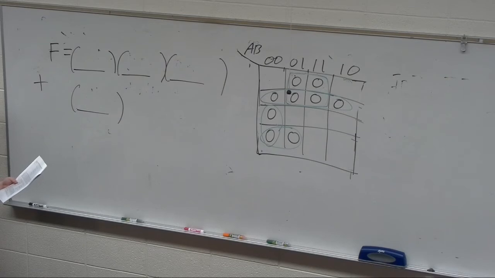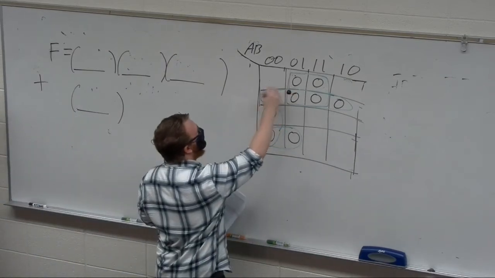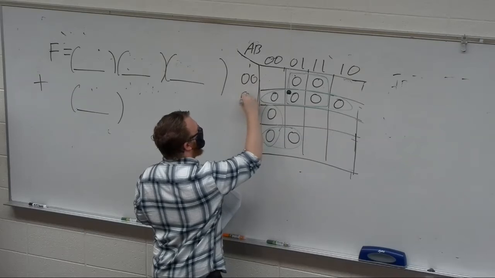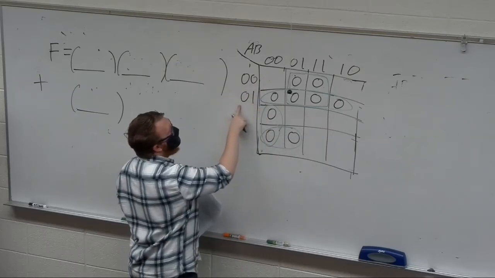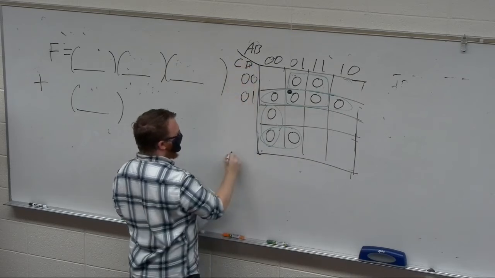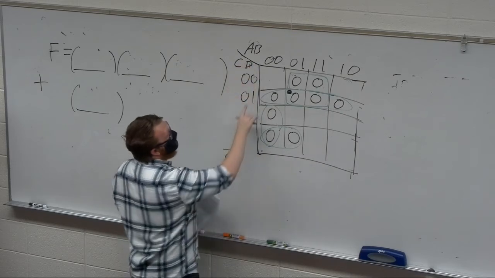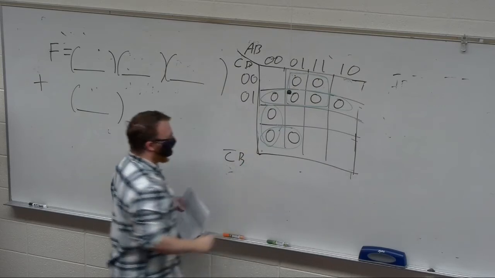So if we look at our first grouping of this big square, I have C not changing and B not changing, right?